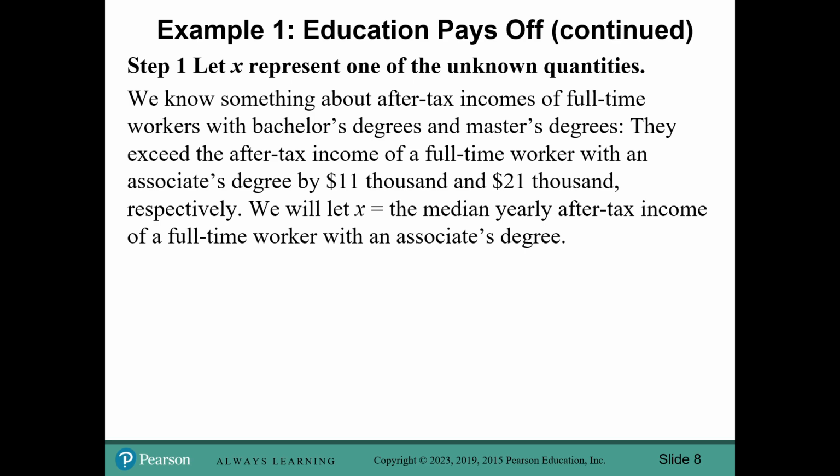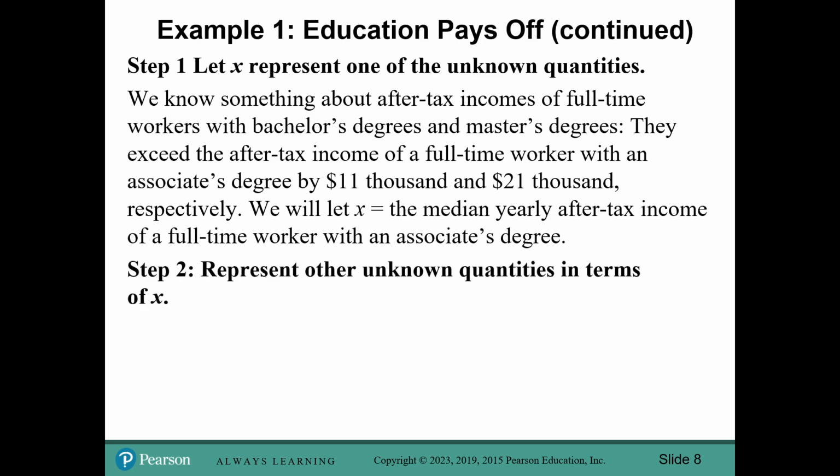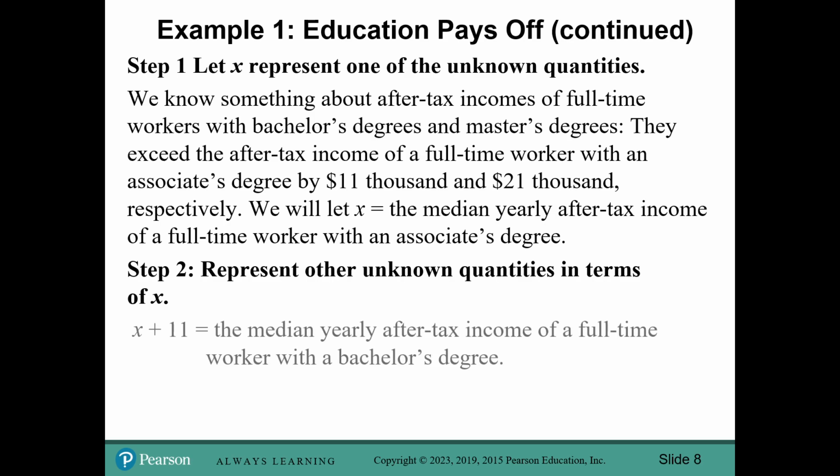We will let x equal the median yearly after-tax income of a full-time worker with an associate's degree. Step 2. Represent other unknown quantities in terms of x. x plus 11 will be the median yearly after-tax income of a full-time worker with a bachelor's degree.